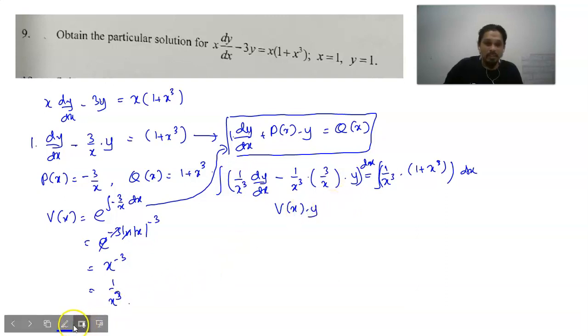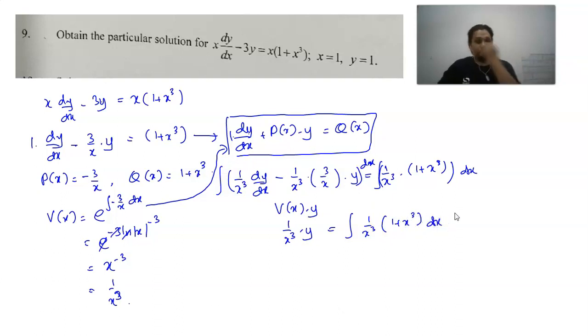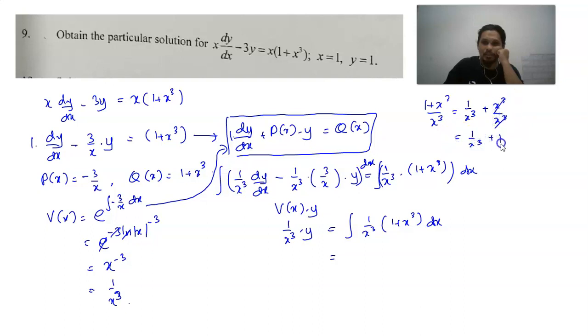It is actually 1 over x cubed times y equals the integral of 1 over x cubed times (1 plus x cubed) dx. And this one, (1 plus x cubed) divided by x cubed, is just 1 over x cubed plus x cubed divided by x cubed, which is 1 over x cubed plus 1.